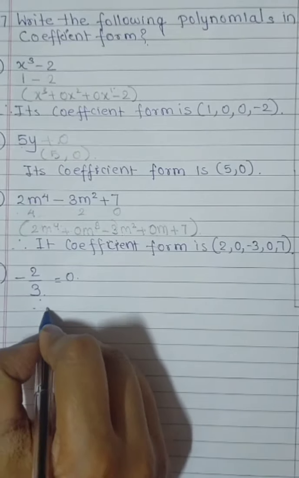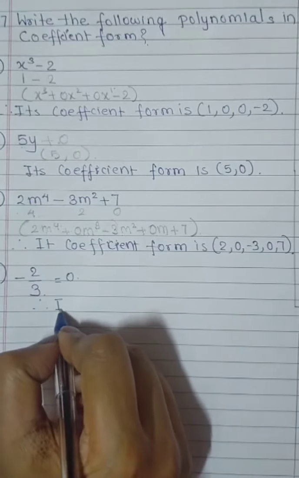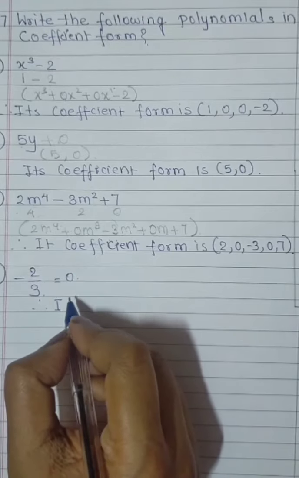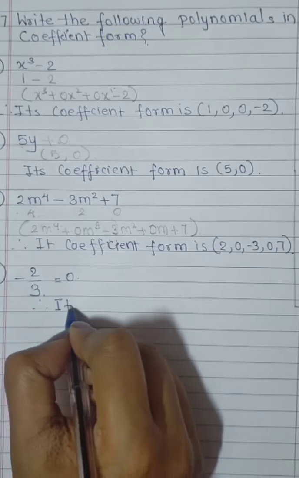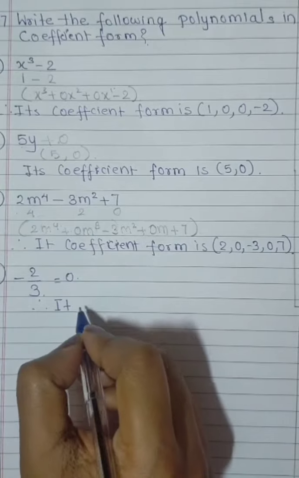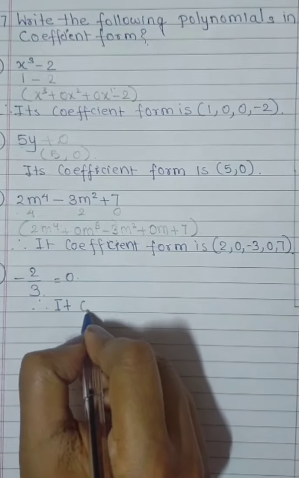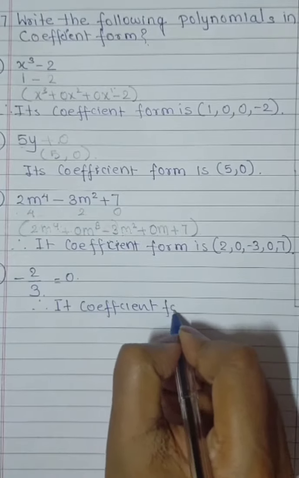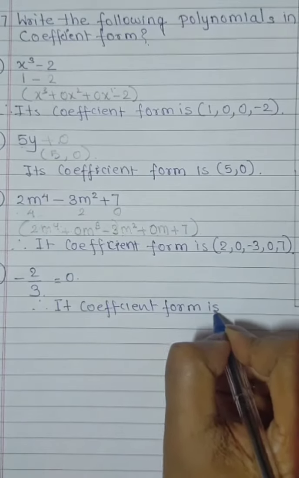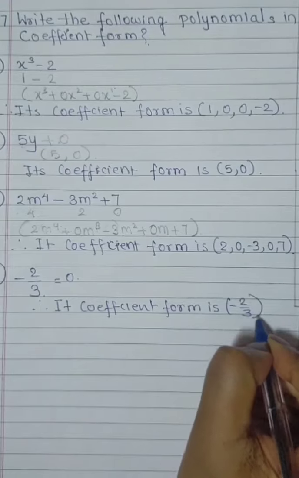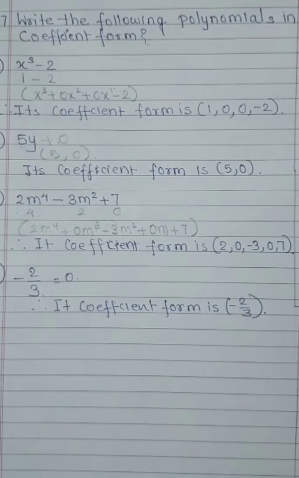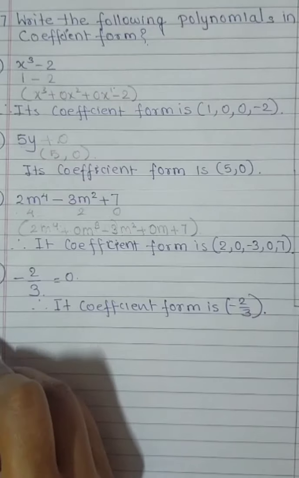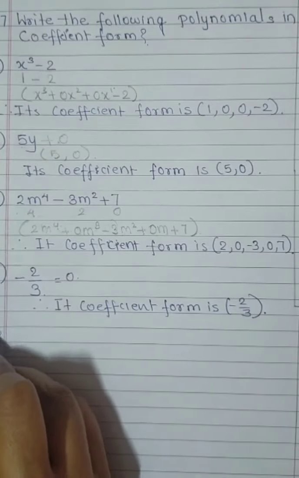So therefore its coefficient form is −2/3 itself. I hope you understand. Now we are going to solve question number 8.